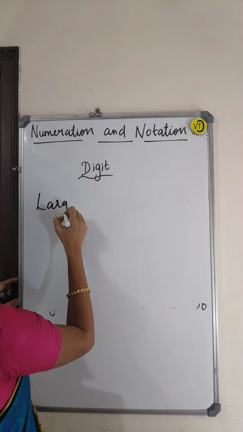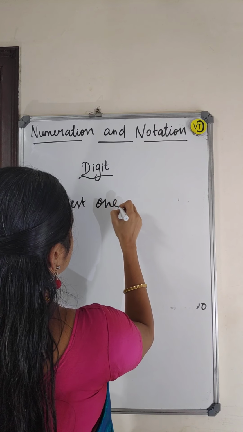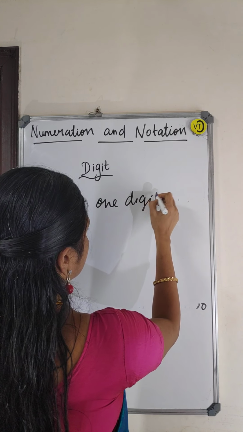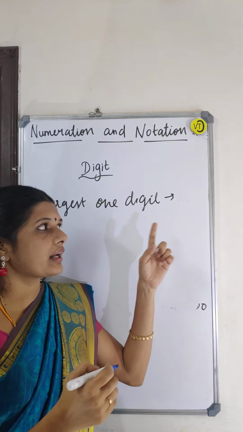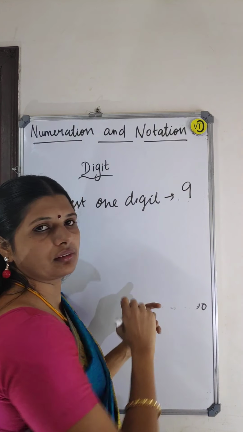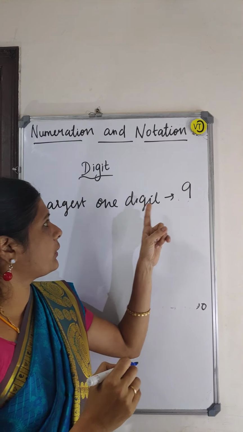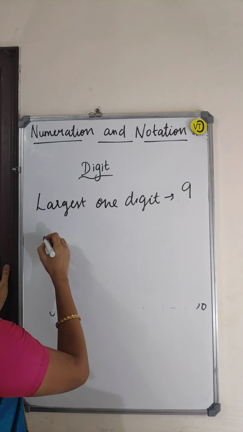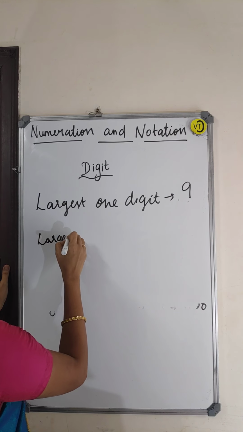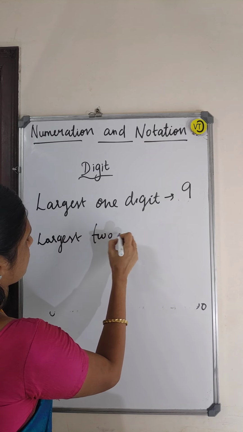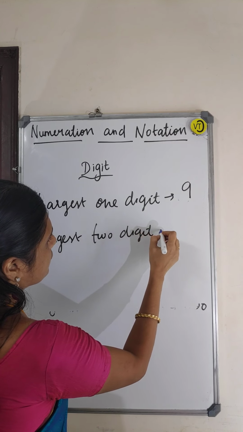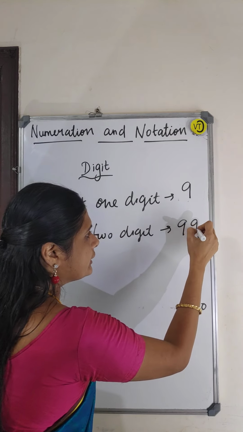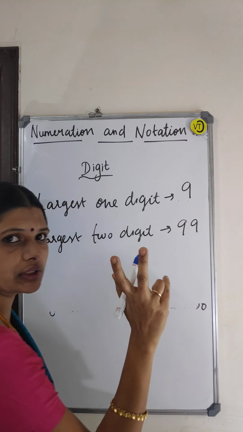Largest one digit number. What is that? Largest one digit is 9. Okay. Largest two-digit number. What is that? That is 99. Two-digit, no? 1, 2. Two-digit.